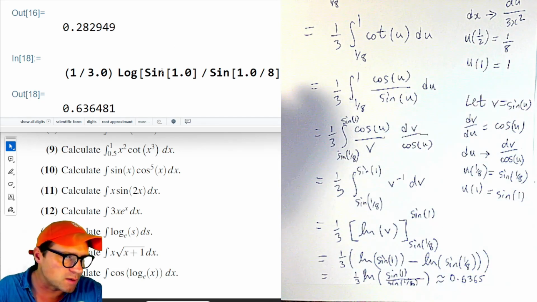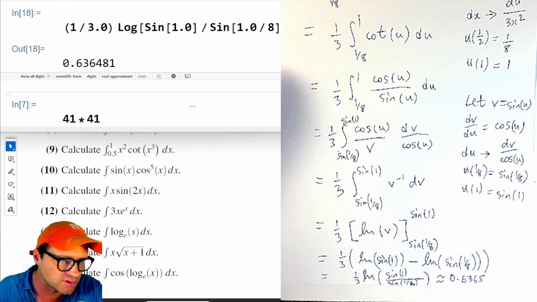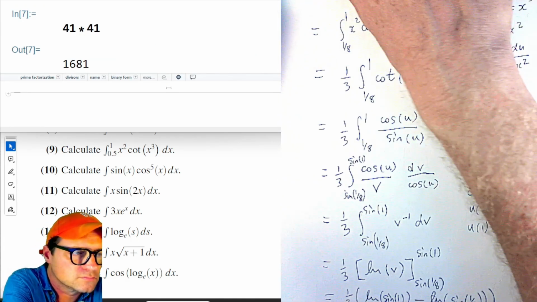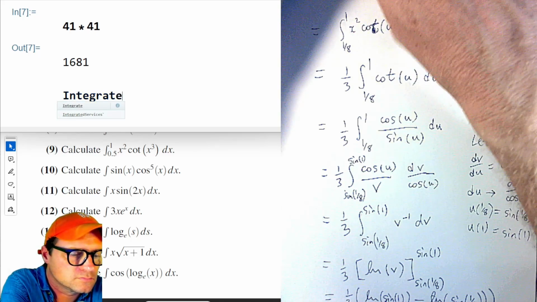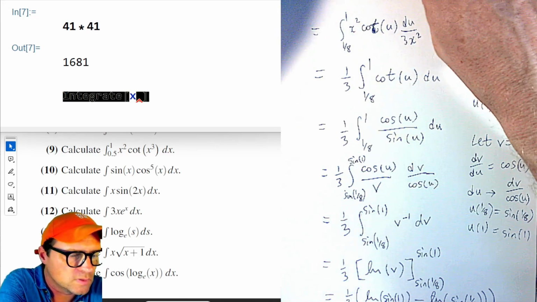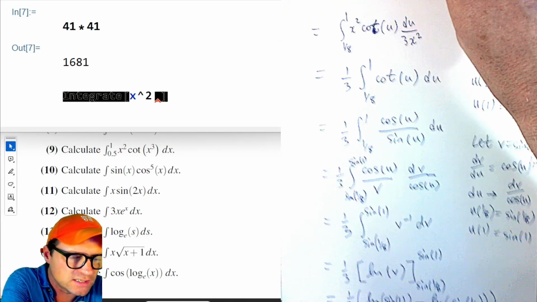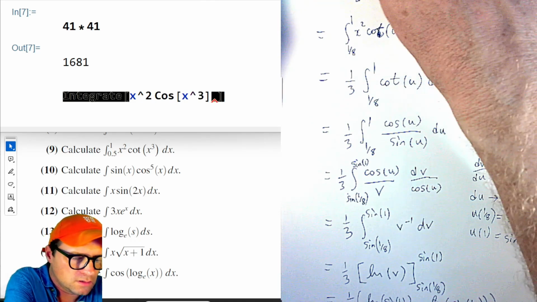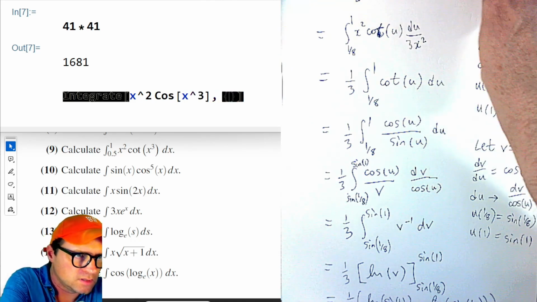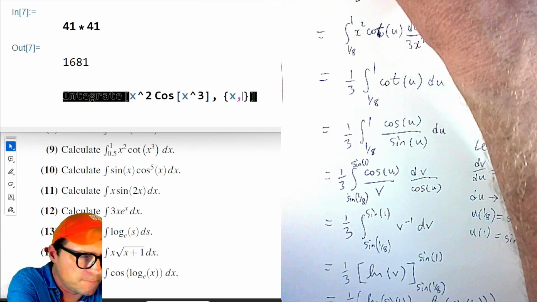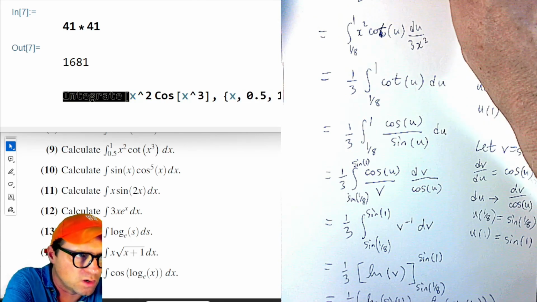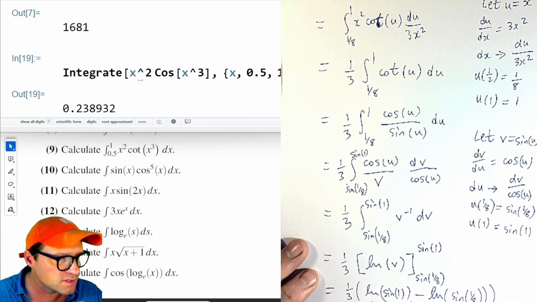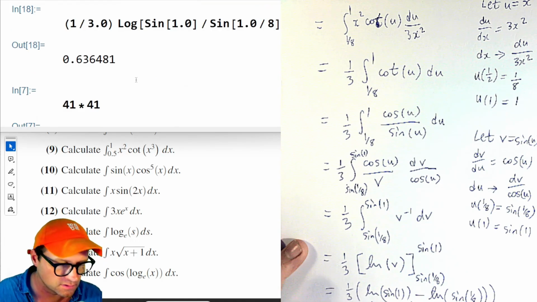Okay, now just to double check, let's get Mathematica to integrate this thing as it was originally stated, so x goes from 0.5 to 1, and I do hope they're the same. No, did I leave something off?